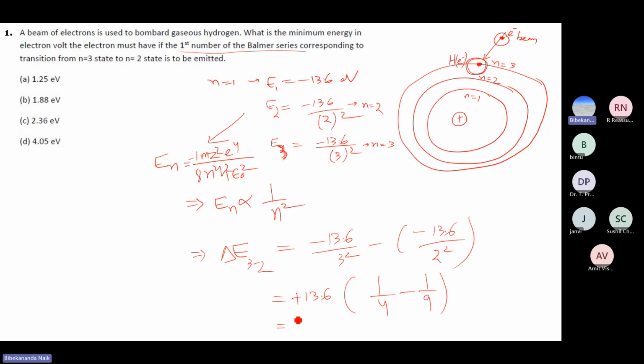So if you calculate, it will be coming around 13.6 into 5 by 36. If you multiply this quantity, it will give you 1.88 electron volt.